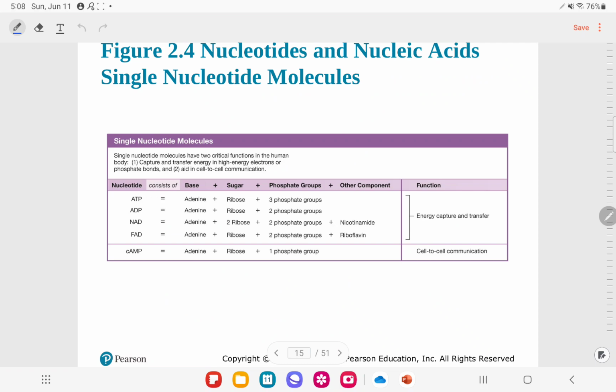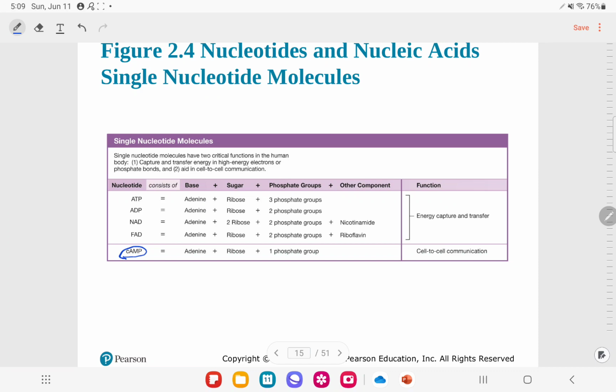So a single nucleotide molecule has basically 2 critical functions in the human body. Number 1, capture and transfer energy in high energy electrons or phosphate bonds. And number 2, aid in cell-to-cell communication. So that cAMP molecule is going to be important for cell-to-cell communication, how cells will communicate with each other.